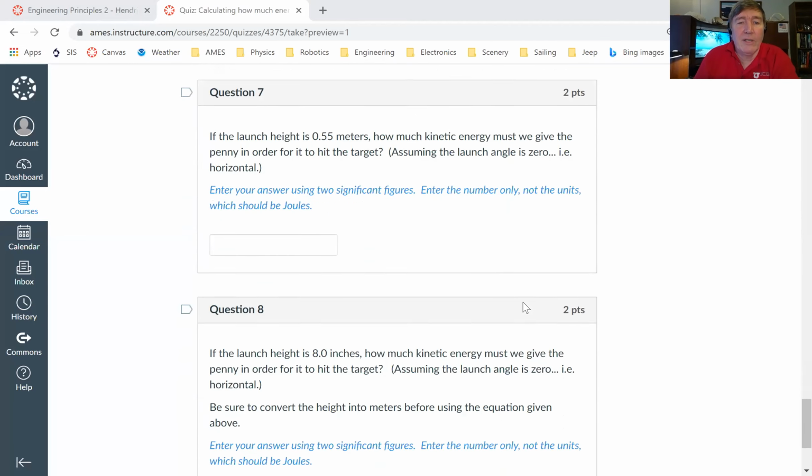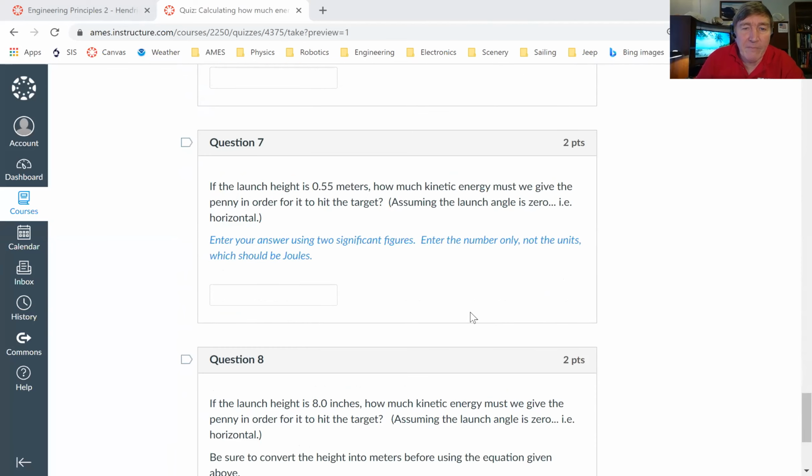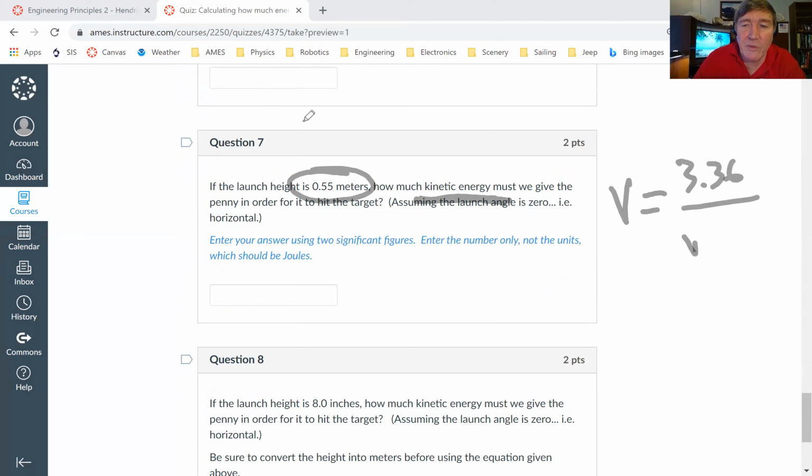Okay, so the very last problems here. If we come down to these very last ones, it looks like the same thing. It's telling you here's the height. But this time it's not asking for the velocity. This time it's asking for the kinetic energy, right? Many of you, from what I could see, had taken the formula from above that said velocity is 3.36 divided by the square root of h.